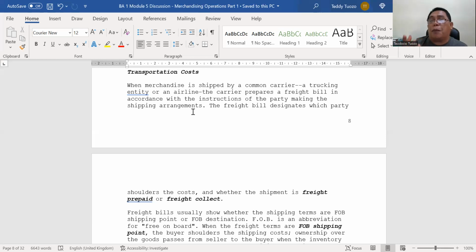Automatic, kung FOB shipping point, the ownership is already transferred to the buyer. Take note, class, if it is FOB shipping point, the ownership is already transferred to the buyer.